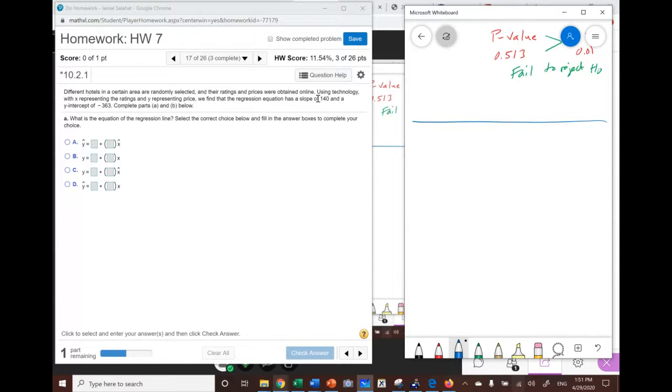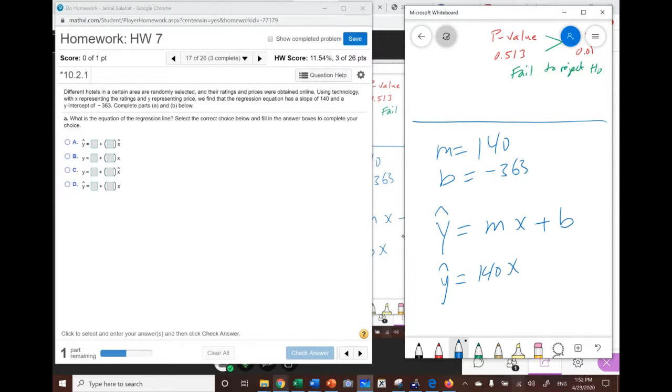Using technology, with x representing the rating and y representing the price, we find that the regression equation has a slope of 140 and a y-intercept of negative 363. They ask us to write the equation. The regression equation is always going to be like this, mx plus b. So just do the substitution. Y hat will be m, which is 140x, plus b, but b happened to be negative.